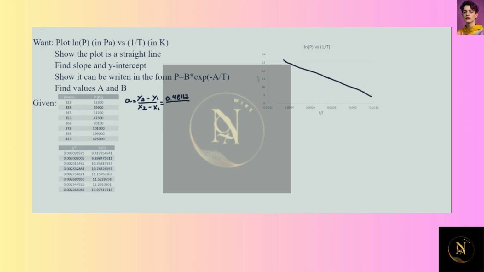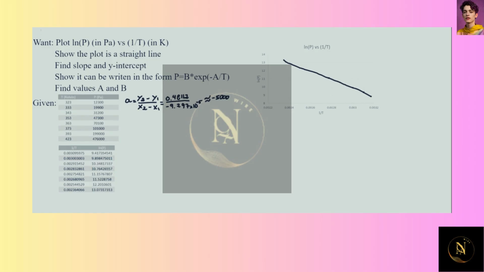So this value minus this value over here, and it's going to be negative 9.297 times 10 to the minus 5. If we divide these two, you're going to find that slope here is going to be approximately minus 5,000.